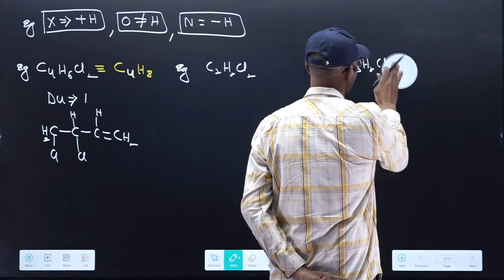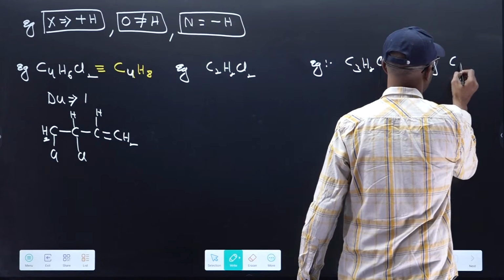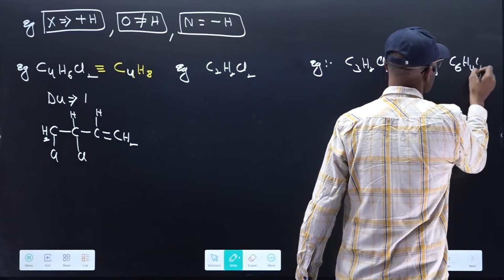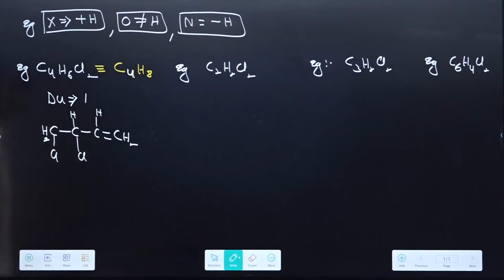Then C3H2Cl2, and C6H4Cl2. At least one structure you need to create.